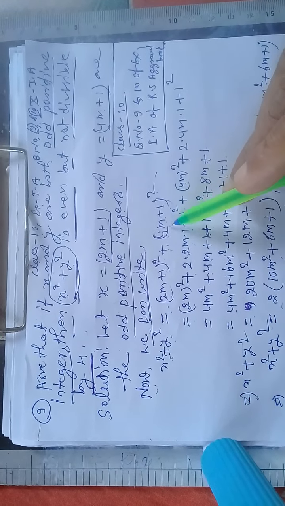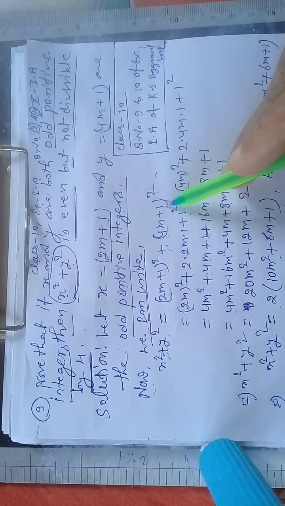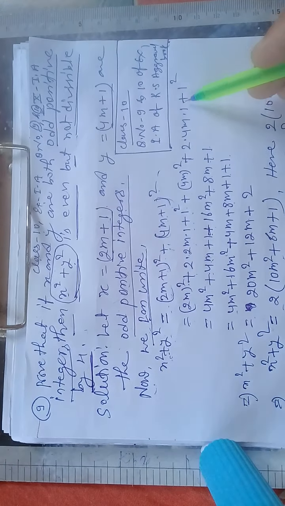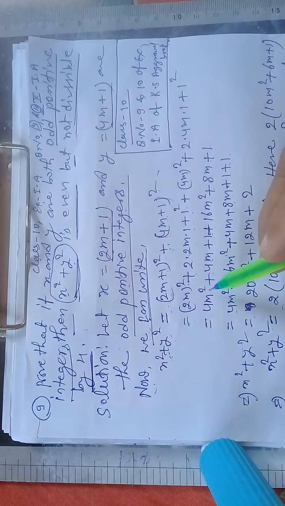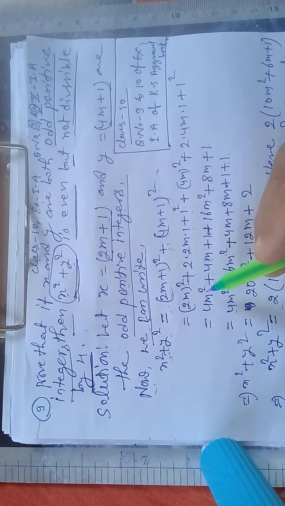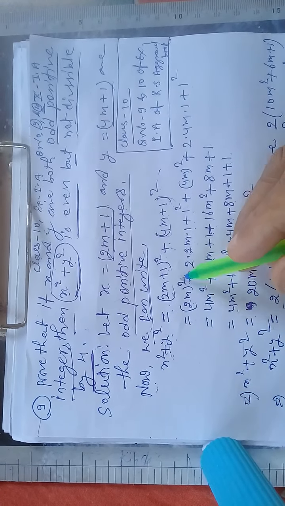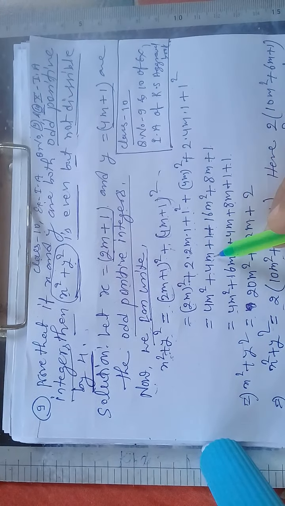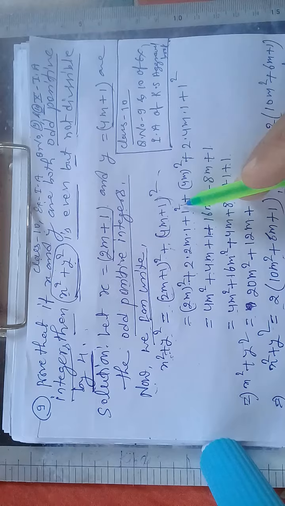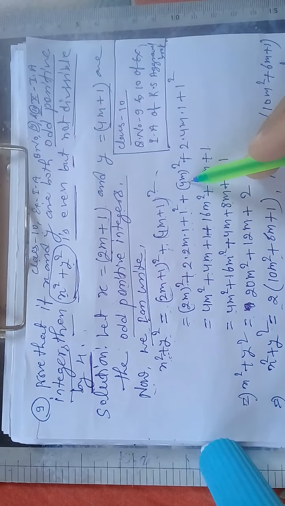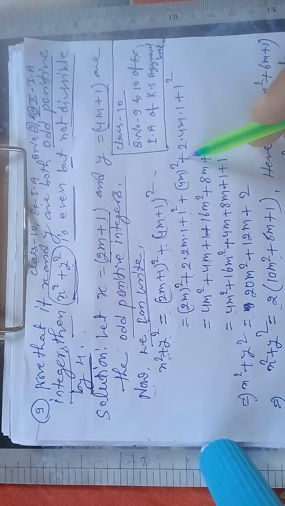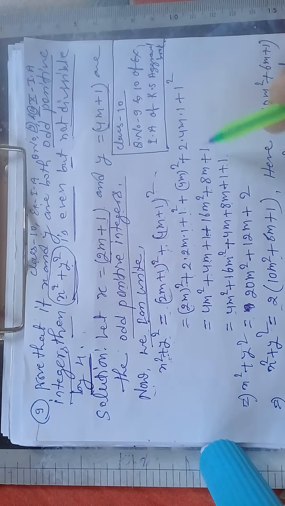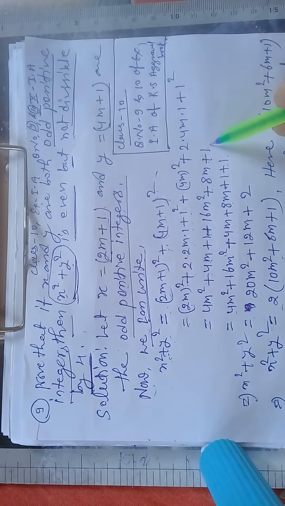Similarly, (4m plus 1) whole square is (4m) square plus 2 into 4m into 1 plus 1 square. Now solving, we get 4m square plus 4m plus 1, plus 16m square plus 8m plus 1.